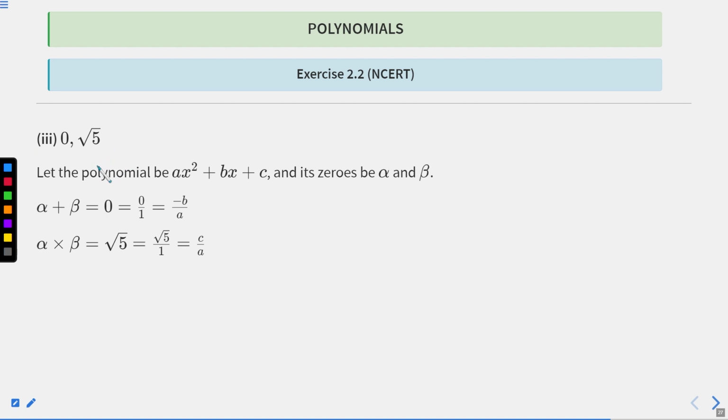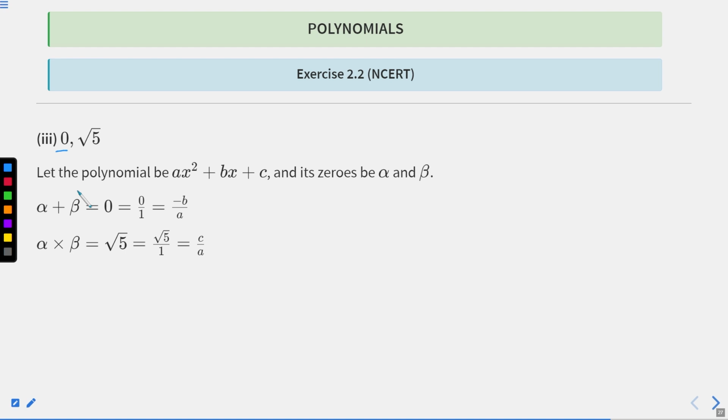So in number 3 we have given the sum of its zeros 0 and the product of its zeros is √5. Okay, so here we first let the polynomial be ax square plus bx plus c and its zeros be alpha and beta. Okay, so alpha plus beta is equal to 0, and you can write 0 as 0 upon 1 and this is equal to minus b upon a.